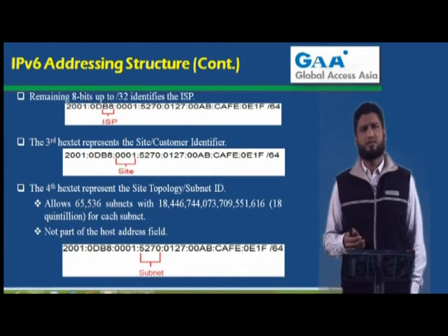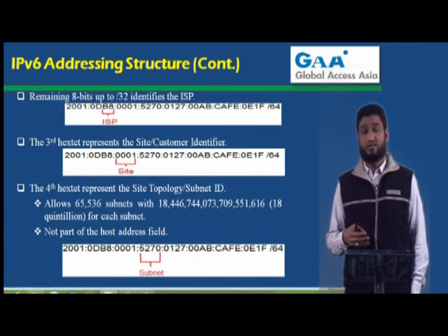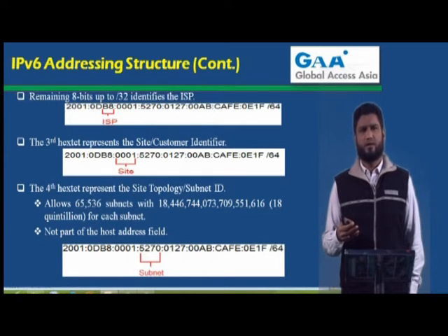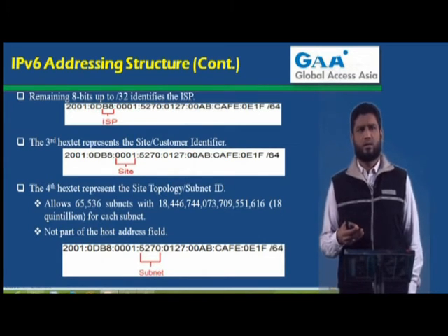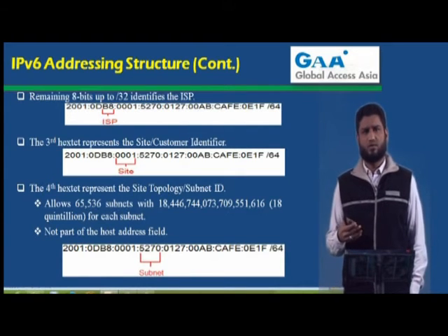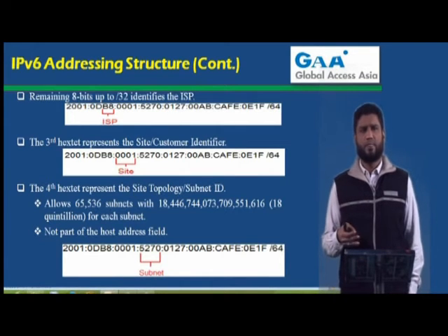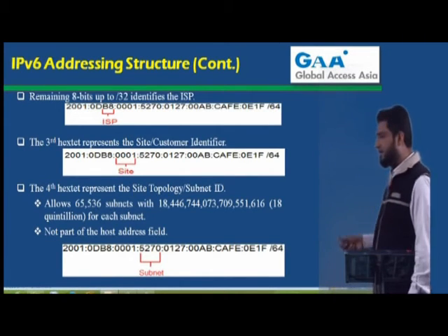The fourth hextet represents the site topology or subnet ID, and it allows 65,536 subnets, with a huge number of usable hosts per subnet, about 18 quintillion. You can find this in the host address field, also defined in the red mark here.